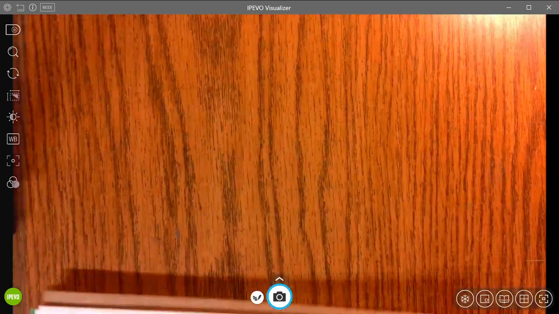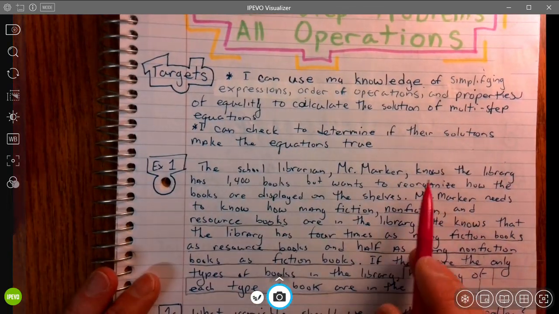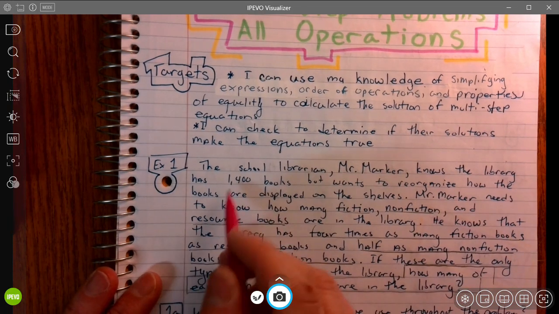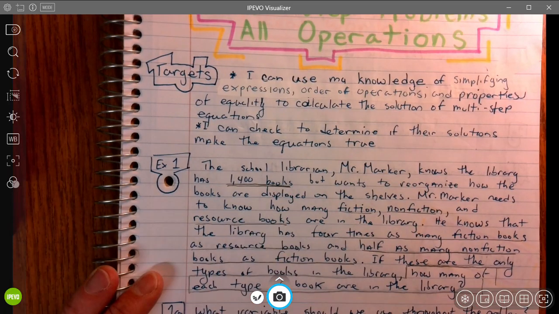Going back to the previous page for a moment, we know the total amount of books in the library is 1,400.